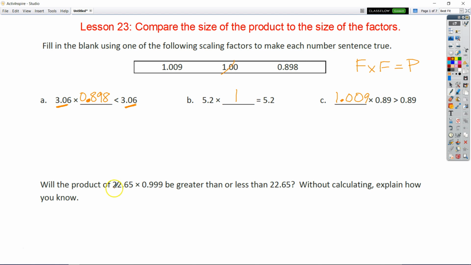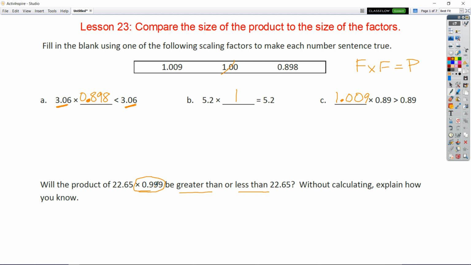It says, will the product of 22 and 65 hundredths times 999 thousandths be greater than or less than 22 and 65 hundredths? So we have 22 and 65 hundredths here and 22 and 65 hundredths here. So this is my scaling factor. Is my scaling factor greater than or less than 1?